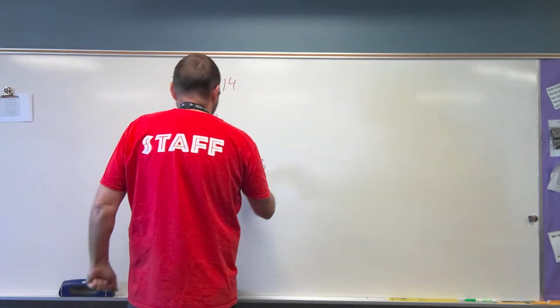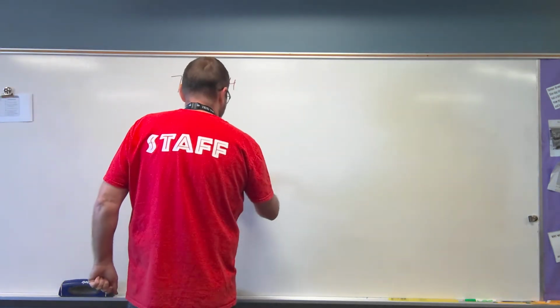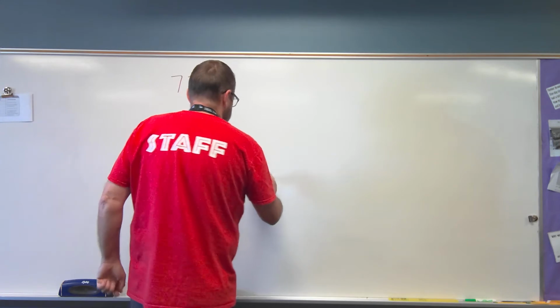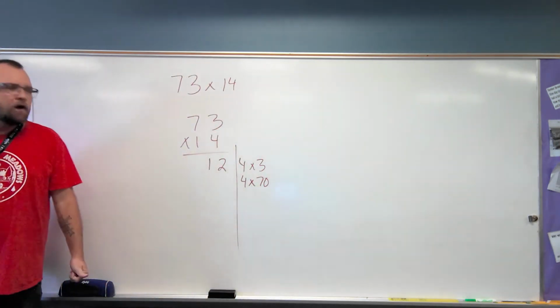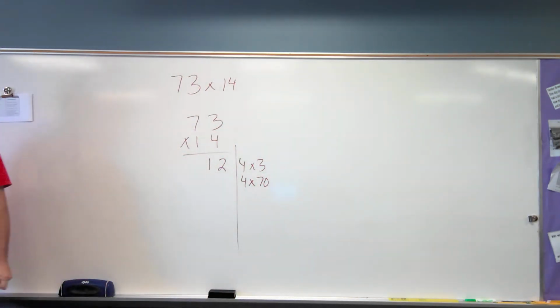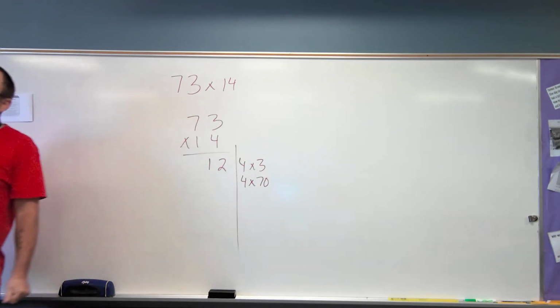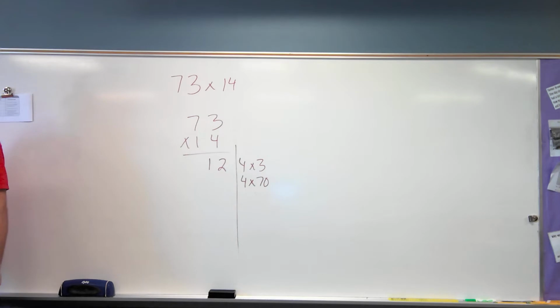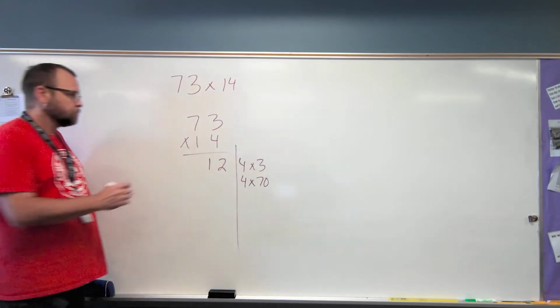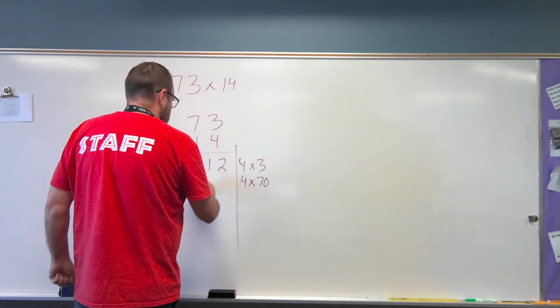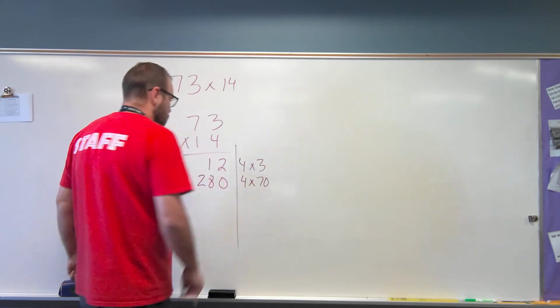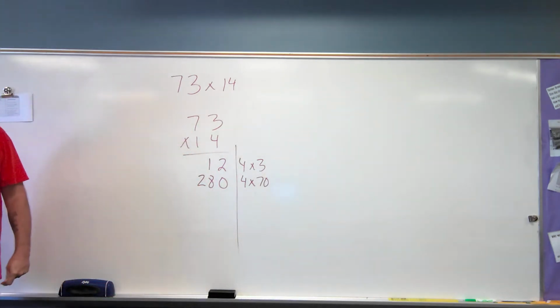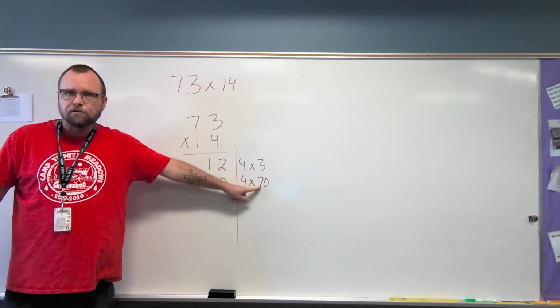So now I'm multiplying 4 times 70. But again, all I need to know is 4 times 7 is 28. So 4 times 70 is 280.